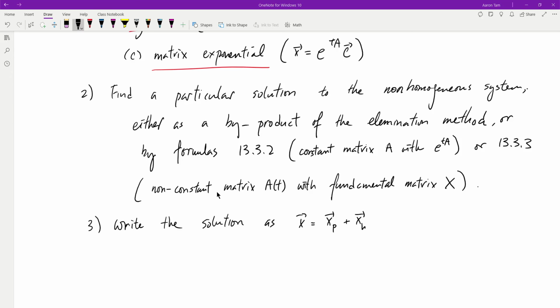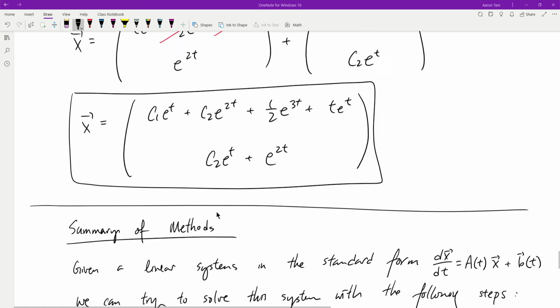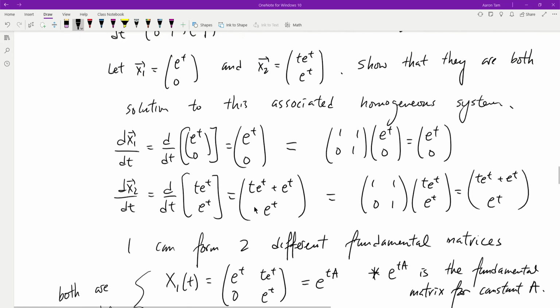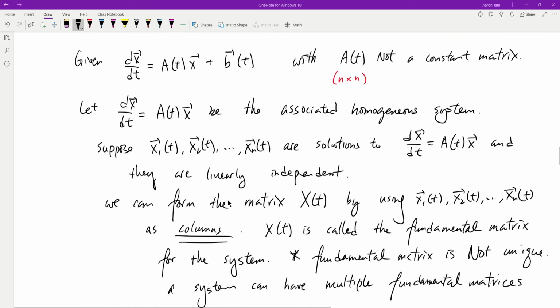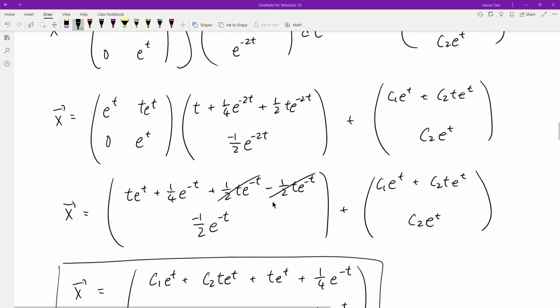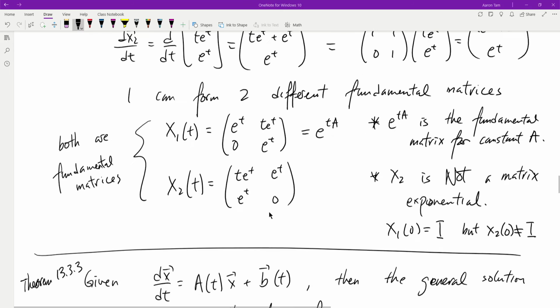So what I want to do is go through another problem with you using theorem 13.3.3. 13.3.2 is the e to the tA, which shouldn't be too bad, and you're more comfortable with e to the tA since we had spent the entire section 13.2 on that.